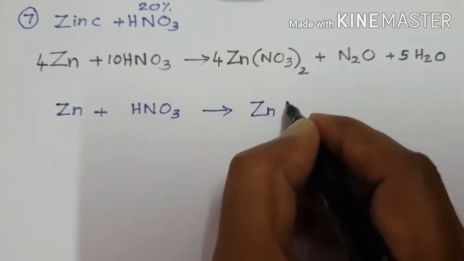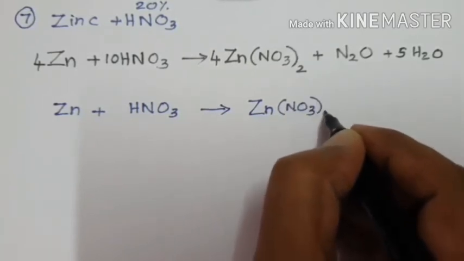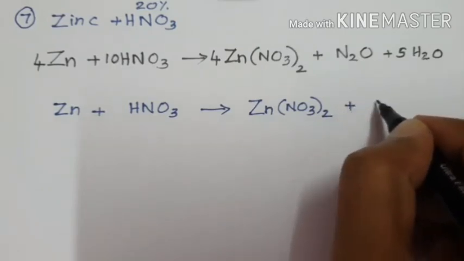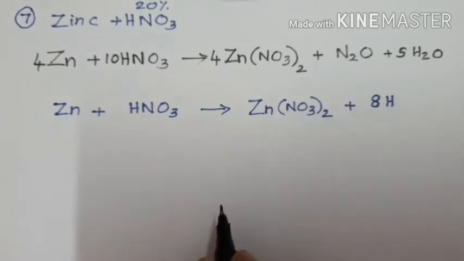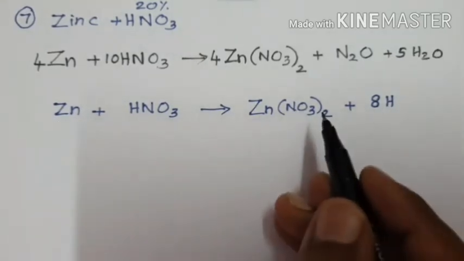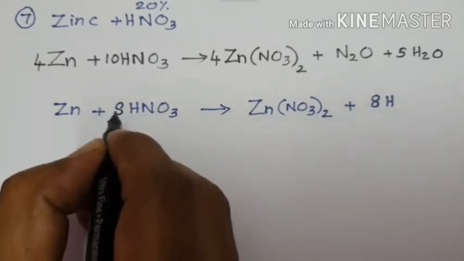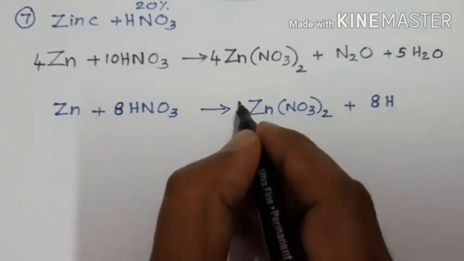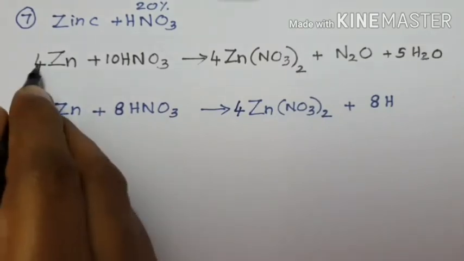Zn balancing always 2, therefore Zn(NO3)2, zinc nitrate, is formed along with the formation of 8 nascent hydrogen. Depending upon this, balancing is made. 8 hydrogen, 8 hydrogen, 8 nitrogen. Here we have 2 nitrogen, 2 into 4 are 8 nitrogen, 4Zn, 4Zn.